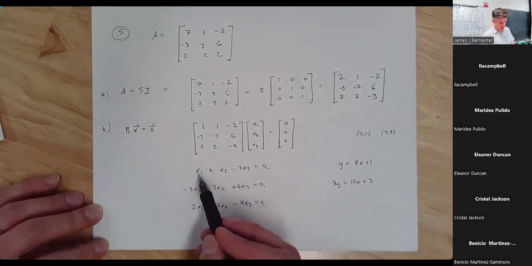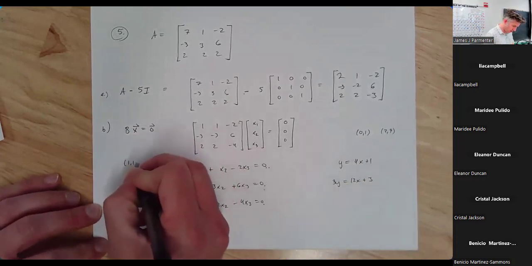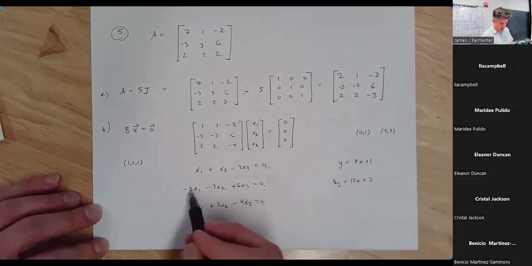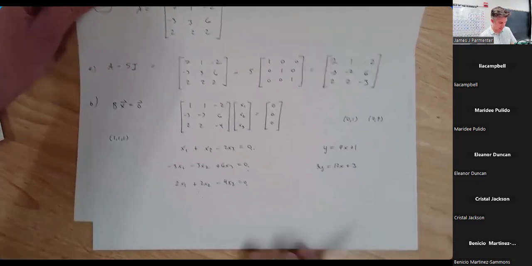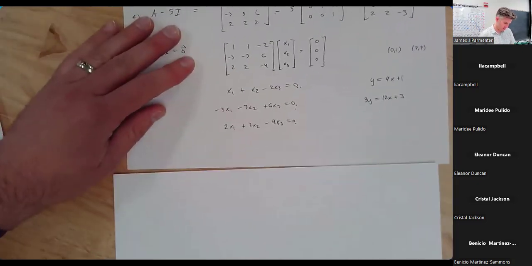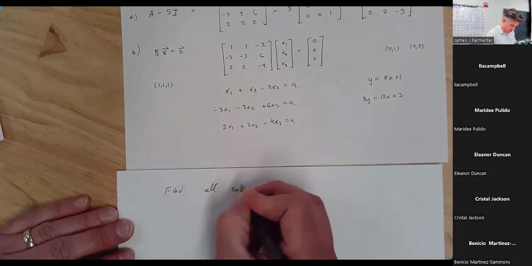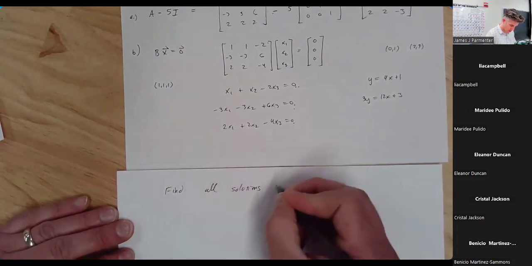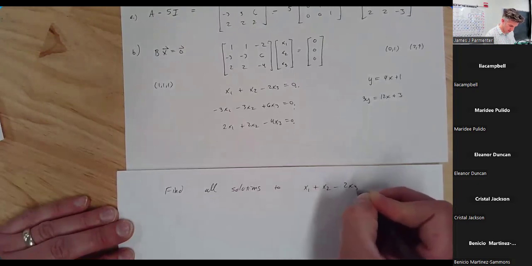If you find a solution to this first equation, like for example, the point 1, 1, 1, it's going to be a solution to that equation and that equation as well. So really this question is just asking us to find, and here's where it's going to be kind of annoying, all solutions to the equation x1 plus x2 minus 2x3 equal to 0.